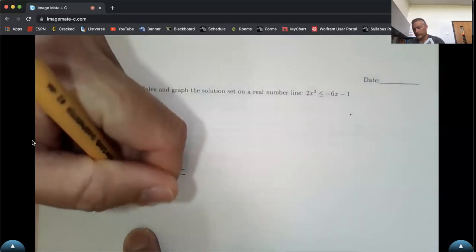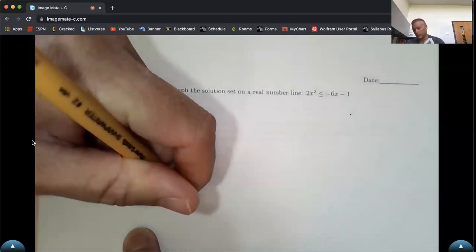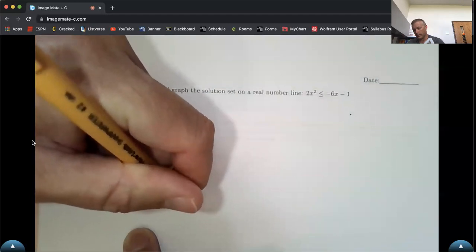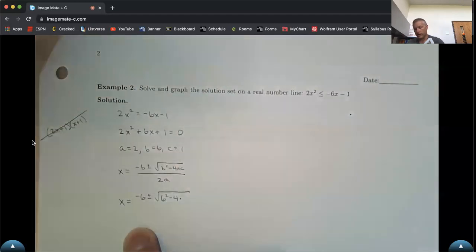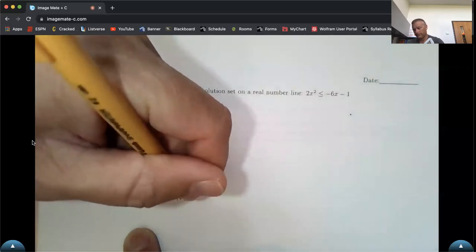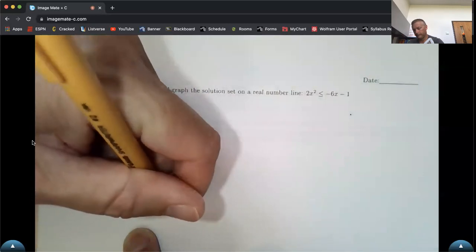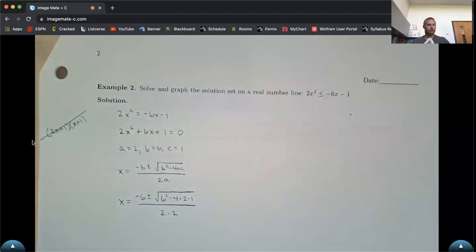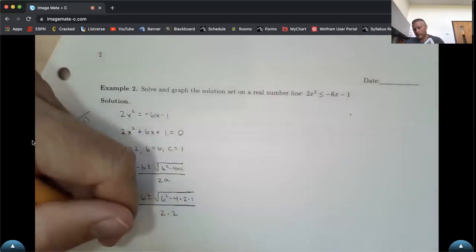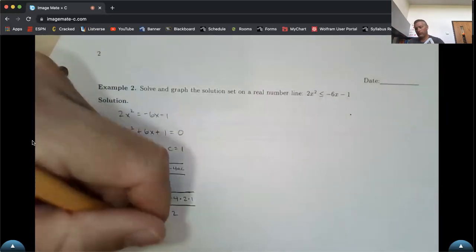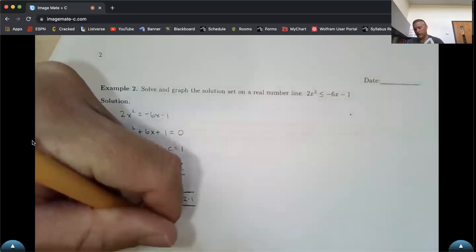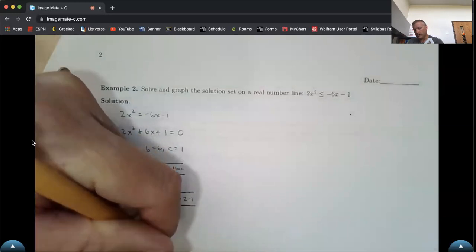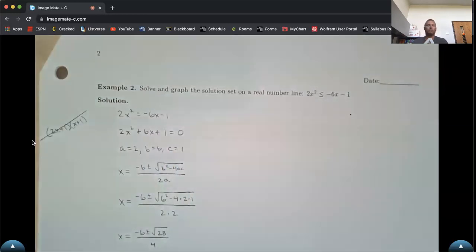So that's negative 6 plus or minus the square root of 6 squared minus 4 times 2 times 1 all over 2 times 2. So that's negative 6 plus or minus the square root of 28 all over 4.